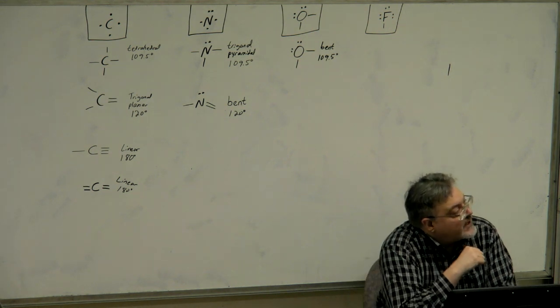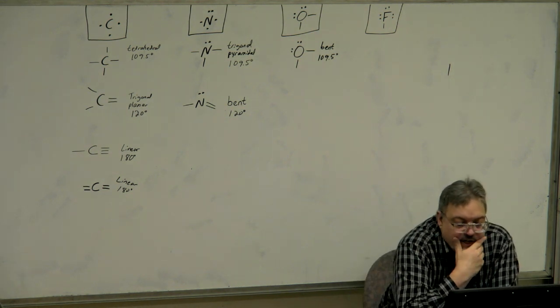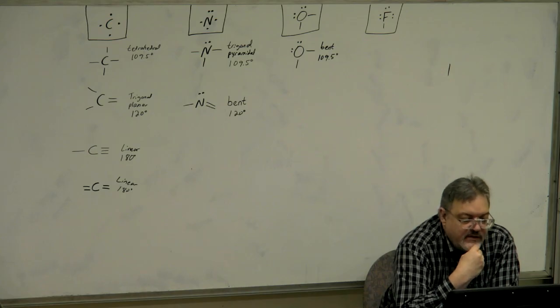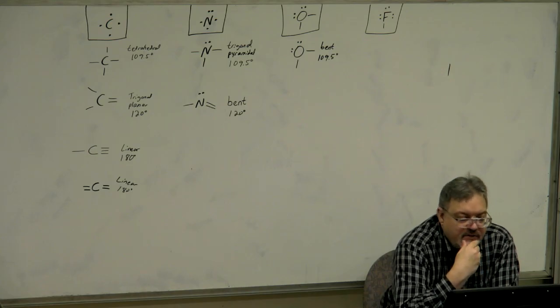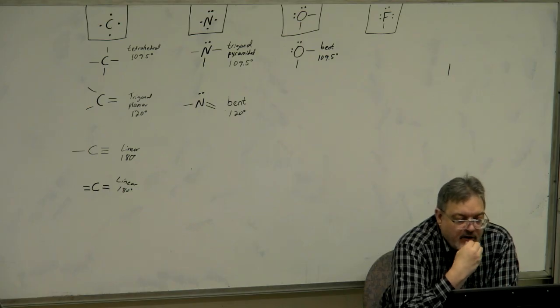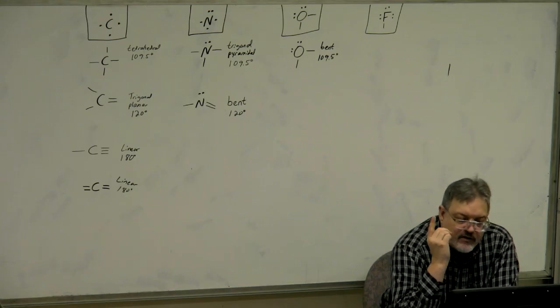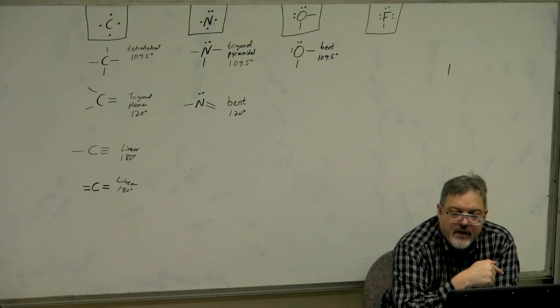Next over is nitrogen. Here are the situations you'll see nitrogen. Nitrogen can make 3 bonds. If it's connected to 3 different atoms, we call that trigonal pyramidal, 109.5 degree bond angle. One other way you might see nitrogen is a double bond to one atom and a single bond to another atom.